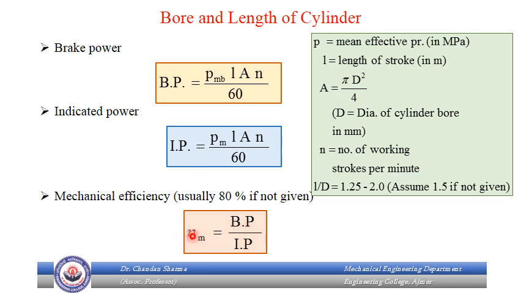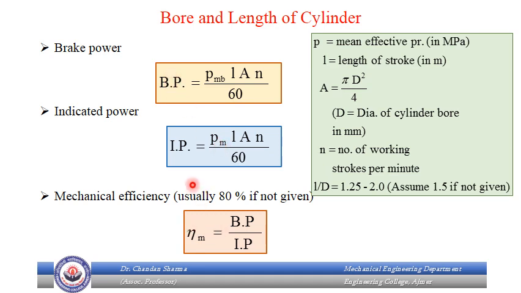The ratio of these two, that is BP/IP, is given by mechanical efficiency. So how to use these formulas for determination of bore and length, that is the question. What we do, we generally have either BP or IP, and one of the pressures, either PMB or PM. Say for one case we have been given PM, that is indicated mean effective pressure, and BP.